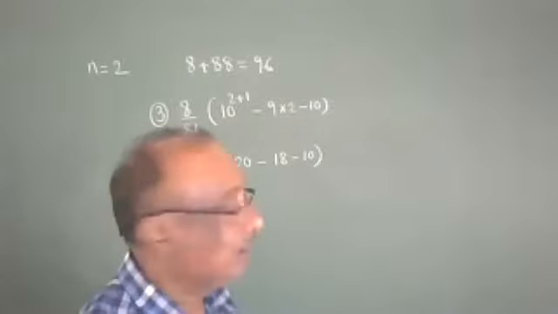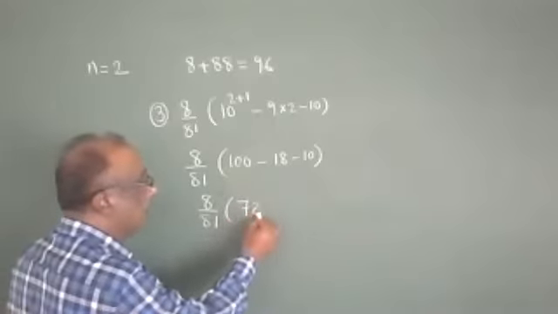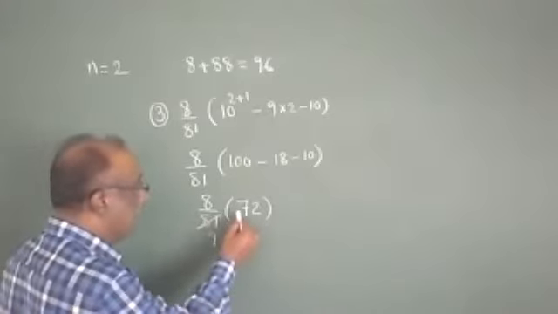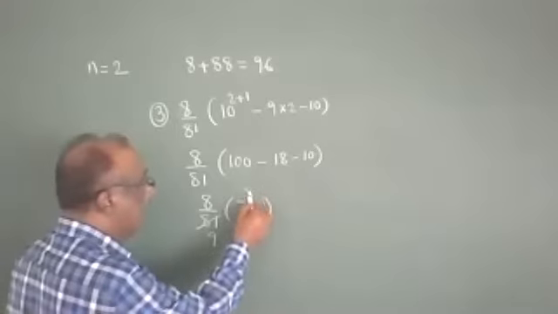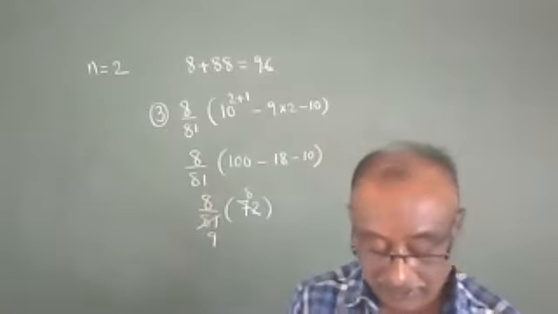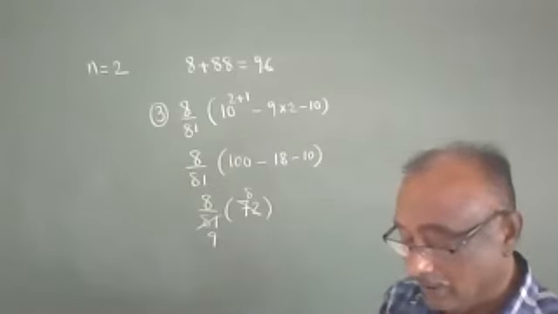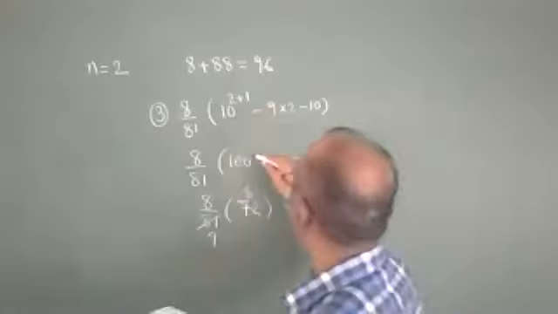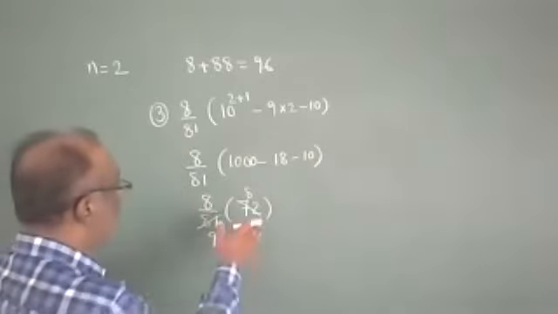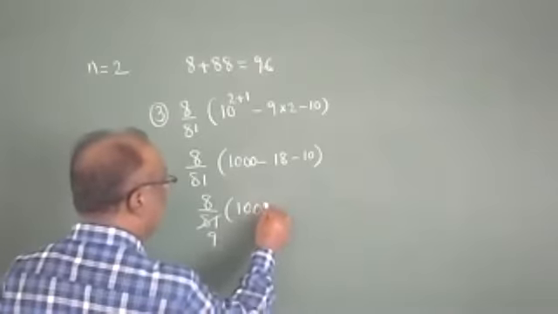Okay? Right. So everyone see, 72. Is it clear? So now 9 you have to cancel. 9 times 9. So 96 is the required value. Everyone check the problem: 88 plus 8 again, so 928. So this is 10 cube. Sorry, not 100, 1000. So now we are going to put 1000 minus 28.